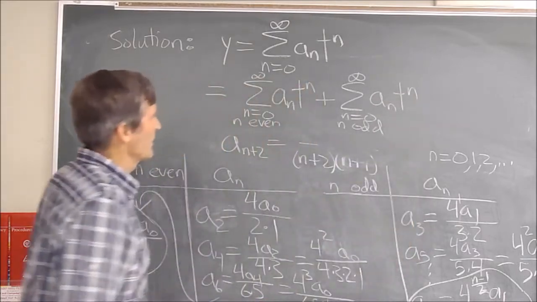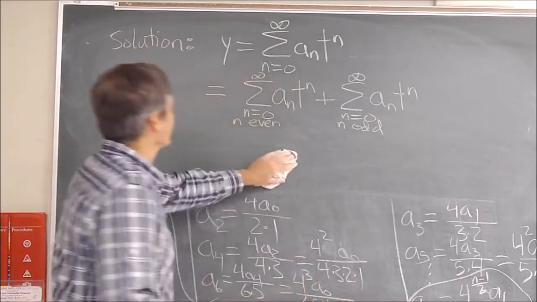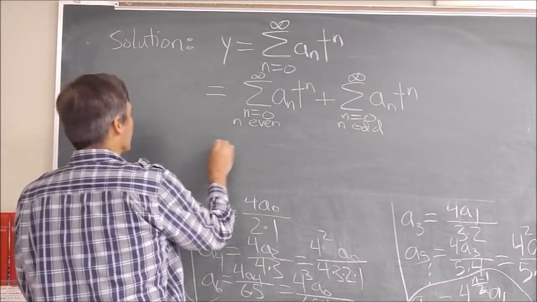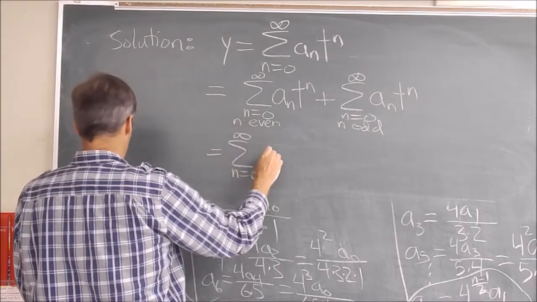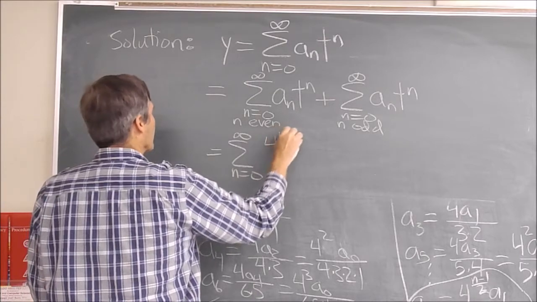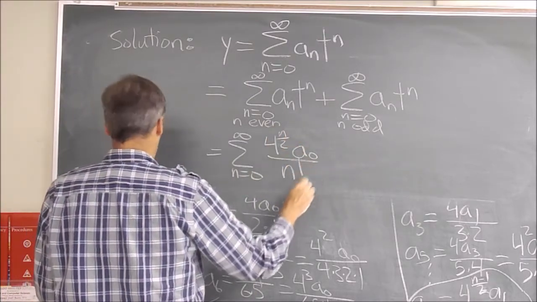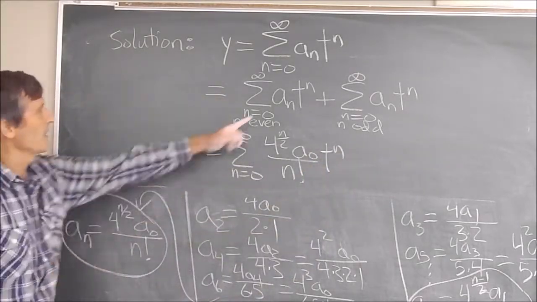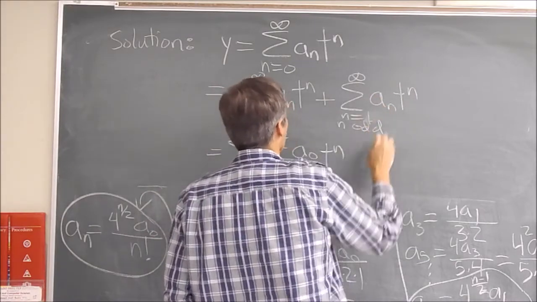And that's one of your properties from calculus. But when n is even, I have this formula, so this is sum n equals 0 to infinity, 4 to the n over 2, a0 over n factorial, t to the n. So I put in the formula now for a_n when n is even here. Oops, and this should have been from n equals 1 to infinity, n odd.